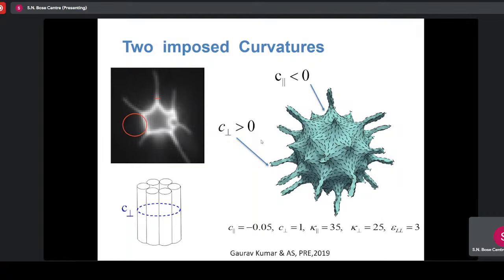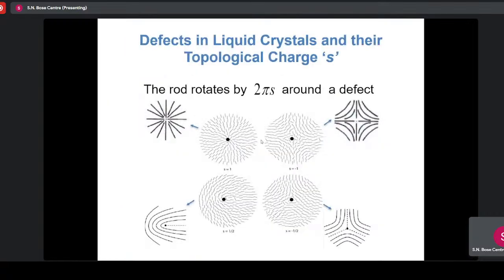Now, what is interesting here is the arrangement of these tubes on the surface. Here comes a little bit of the notion of defects of liquid crystals. The rod-like molecules can form in various ways, and they are characterized by this topological charge.